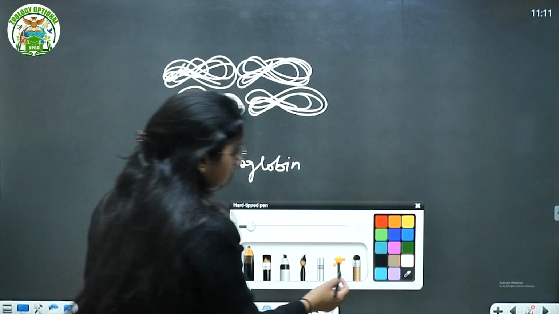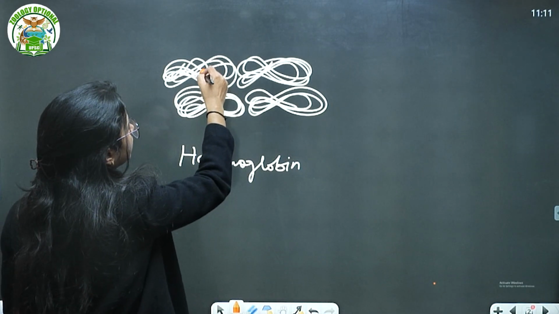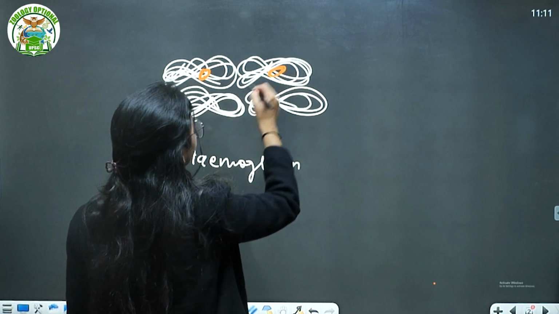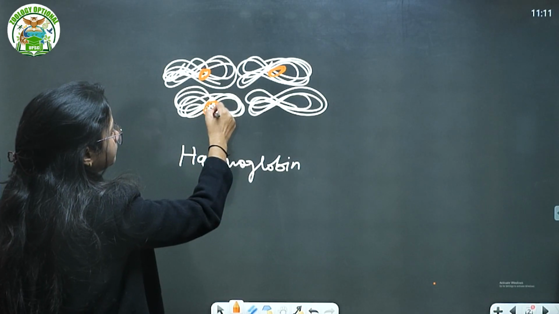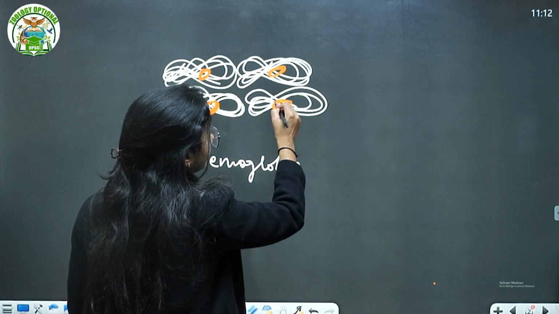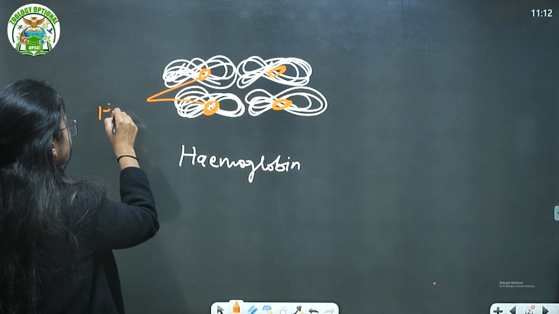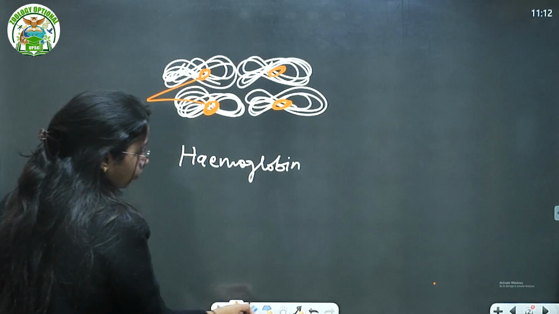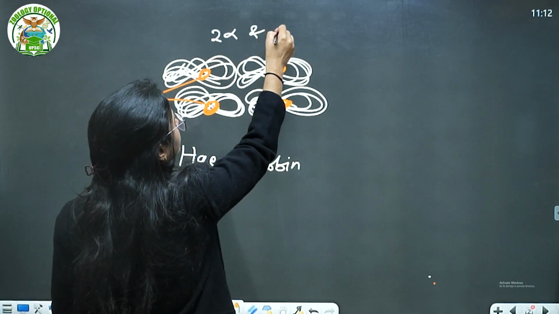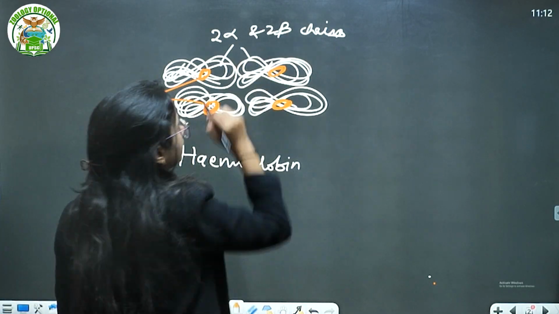This is one heme, this is the second heme, this is the third heme, and this is your fourth heme. And these are your 2 alpha and 2 beta chains.